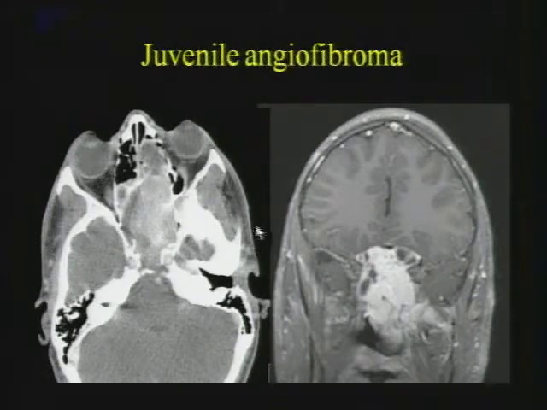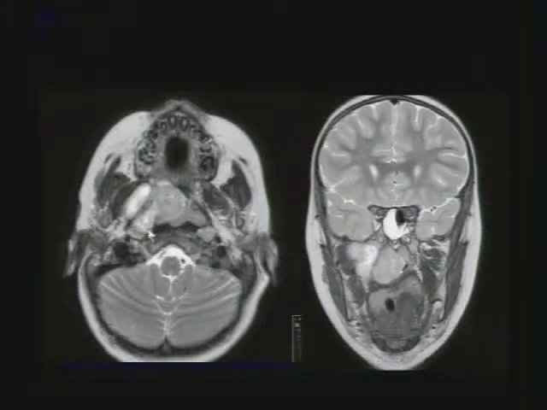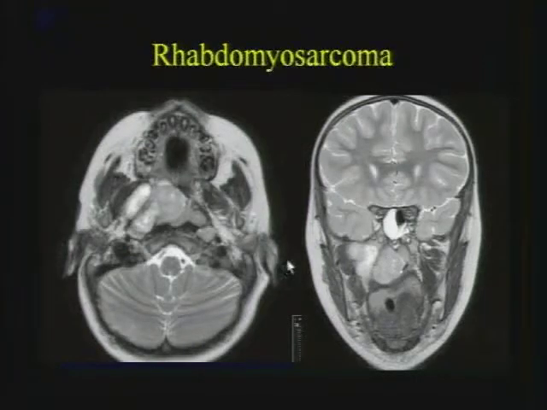This was actually a child of one of our staff pediatricians who presented with epistaxis and nasal obstruction. Another child with a MRI, you can see obstruction in the nose, a soft tissue mass. This turned out to be a rhabdomyosarcoma. So there's a wide range of lesions that can cause nasal obstruction.